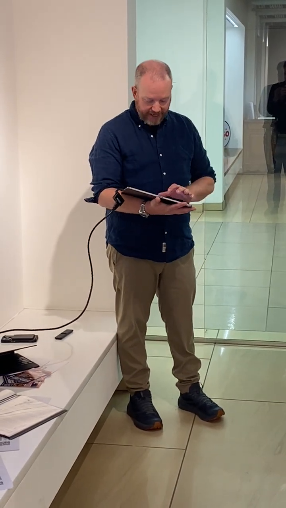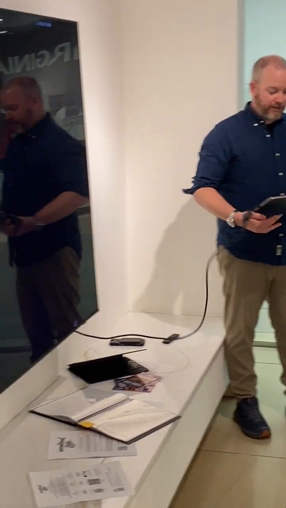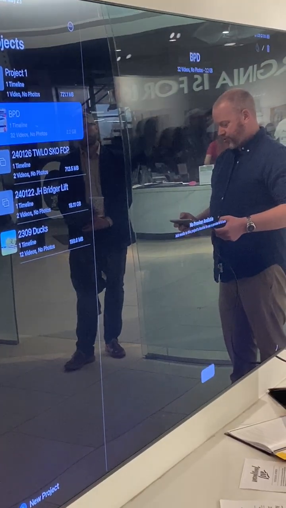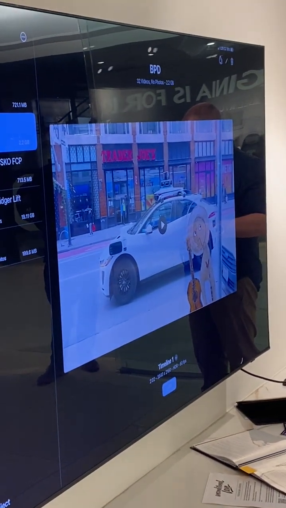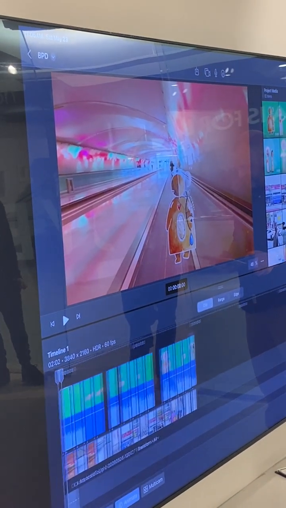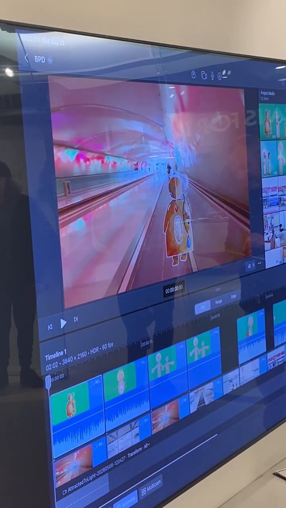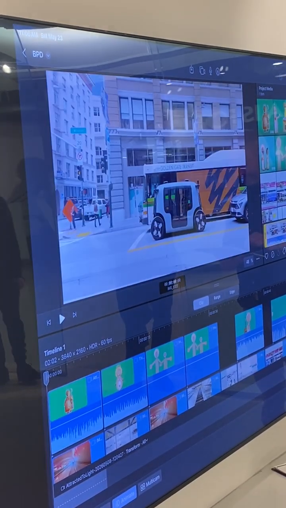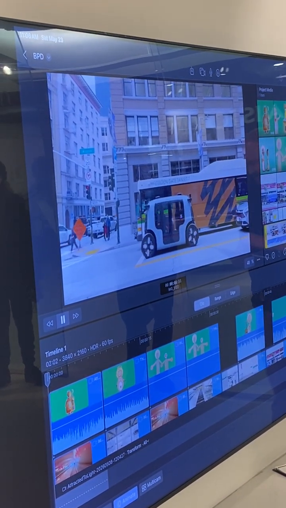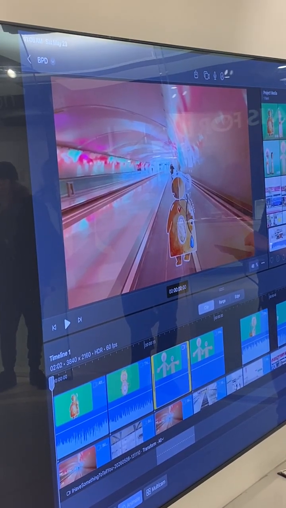The story was starting to come together in my head, and I had started to assemble this all in Final Cut Pro. So let's see if I can do this and not mess the whole thing up. So this is Final Cut Pro on the iPad, and I was starting to layer my street scenes into a timeline and layer the bubble people that I had selected in green screen over that timeline.